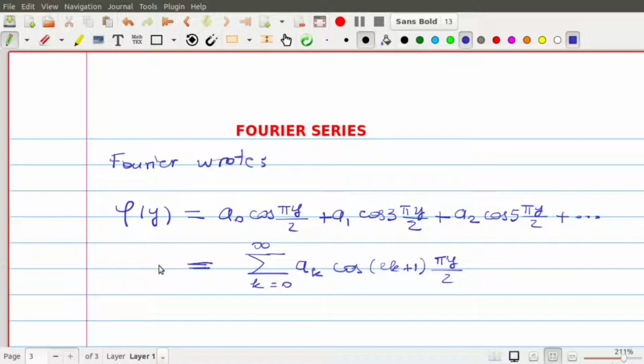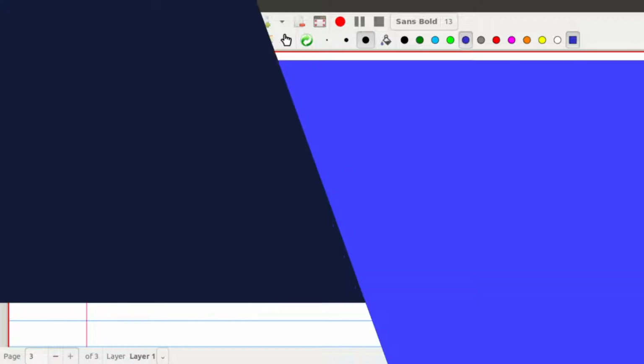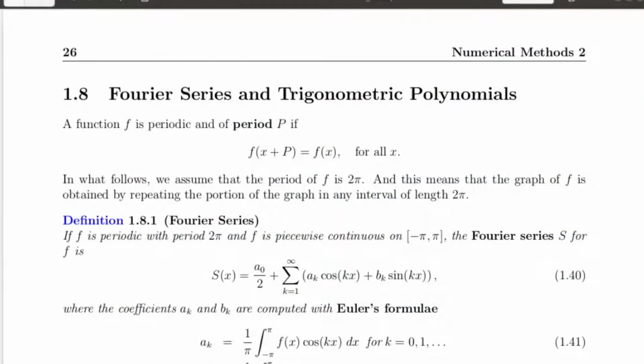Okay, so once we have set the stage, let us define what is a Fourier series. By definition, we first need to define what is a periodic function. Given a function f, the function is periodic with period p if and only if for any x, f of x plus p is equal to f of x.